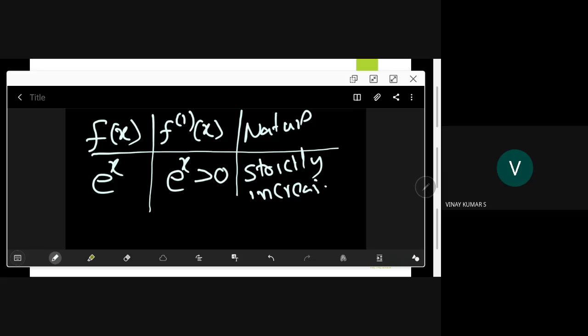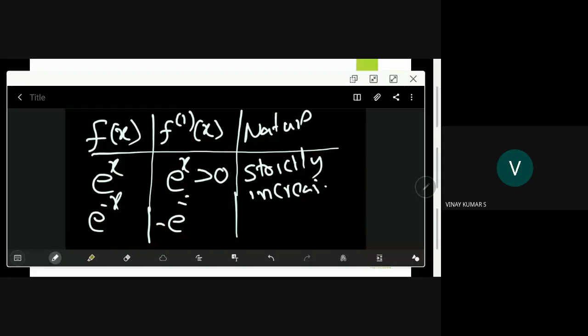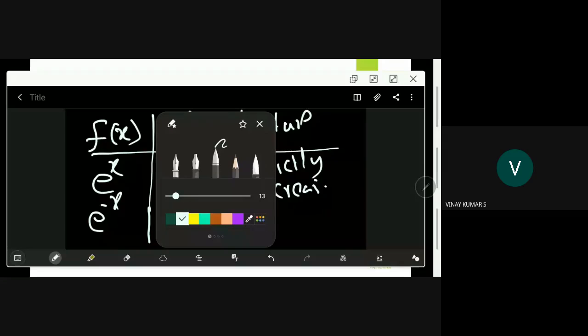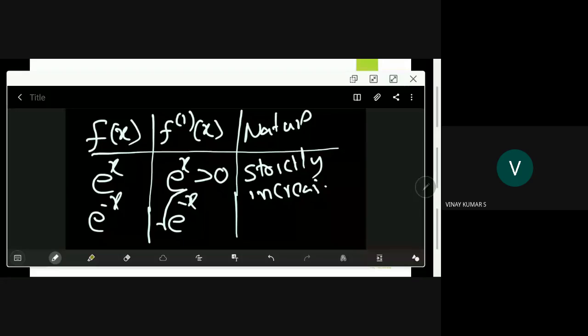On the other hand, if you take e power minus x, then the first order derivative is minus e power minus x. Remember, e power anything is always positive, but you have a negative sign here, so this is less than 0.